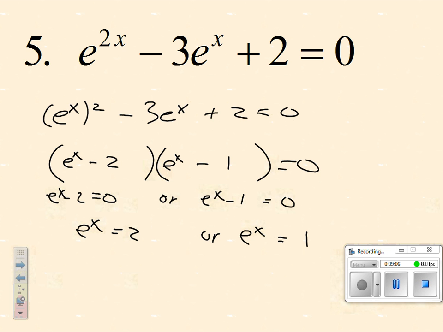Now I'm at the point where I can solve this using logarithms. Natural log here, natural log here. This becomes x is the natural log of 2, or x is the natural log of 1, commonly referred to as 0.